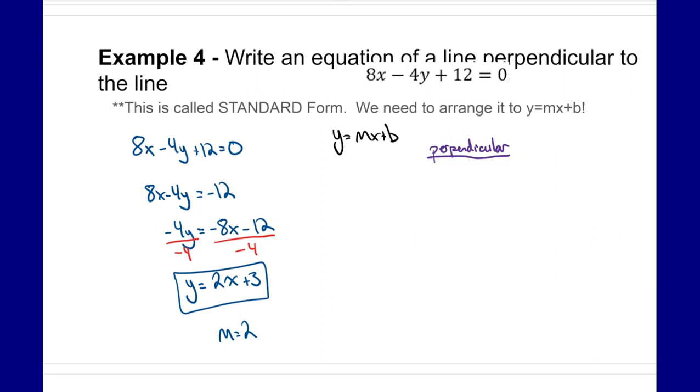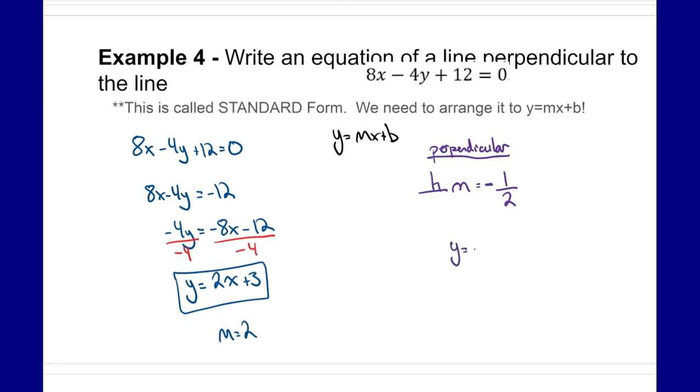I need to have a perpendicular slope. So it needs to be perpendicular to 2. In this case, I need the negative reciprocal, which is 1 over 2, and negative to make it the opposite sign. So I need to write an equation with this as my slope.